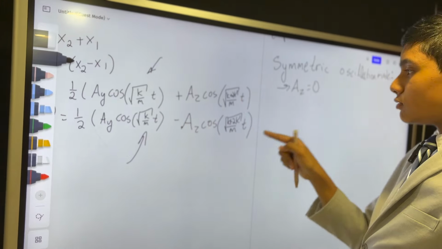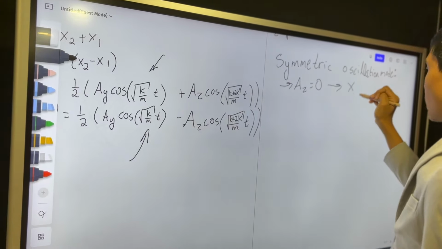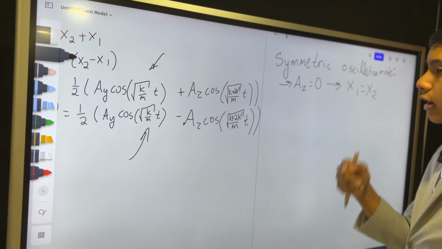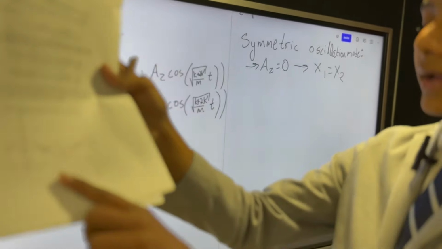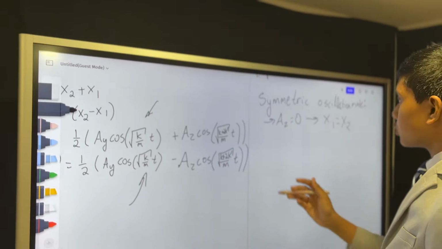But if az is equal to 0, as you can probably notice, then x1 is equal to x2, which is why we call it symmetric. And in fact, you can see that illustrated in this Desmos graph right over here that I've included in the notes.